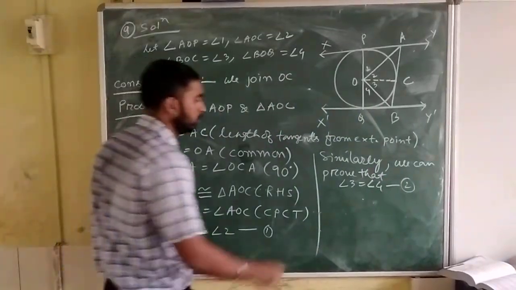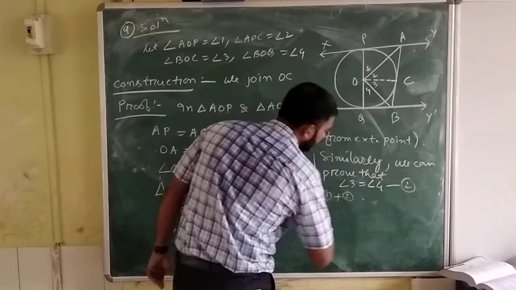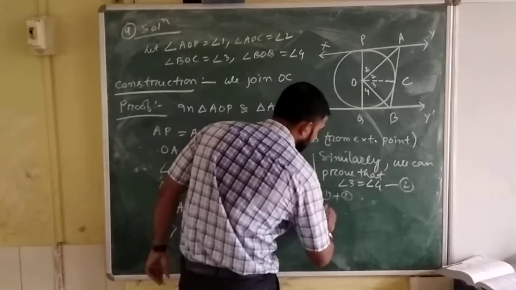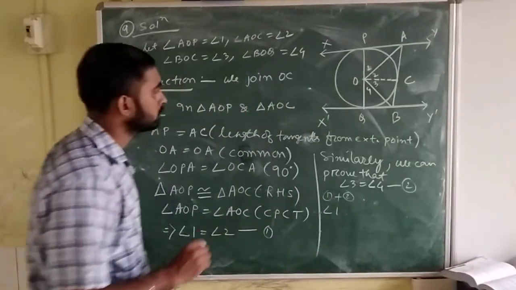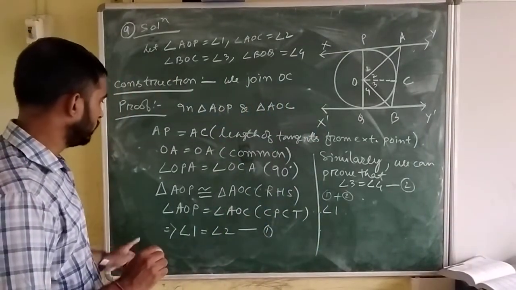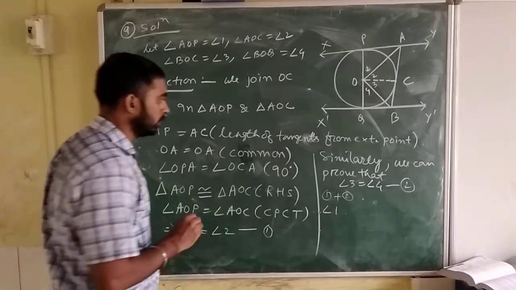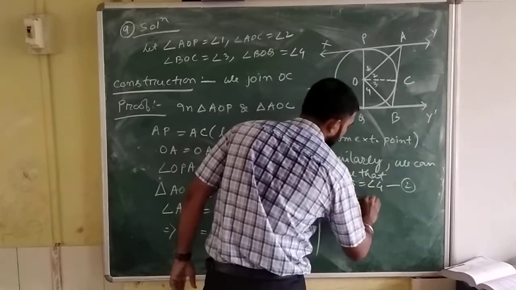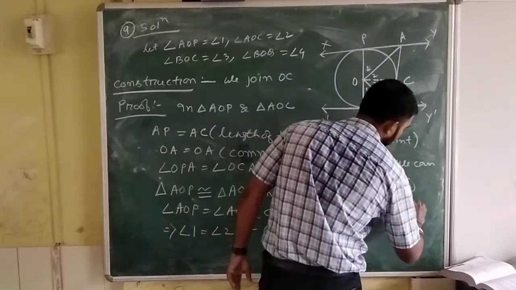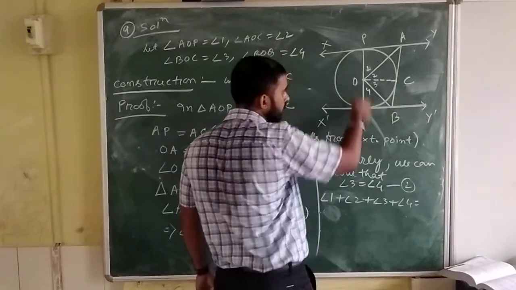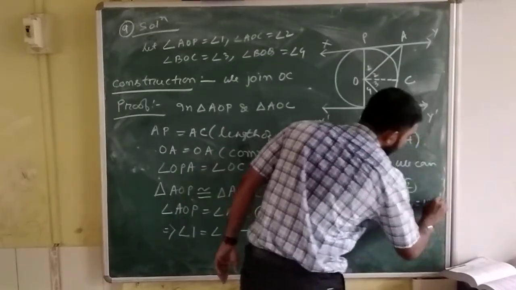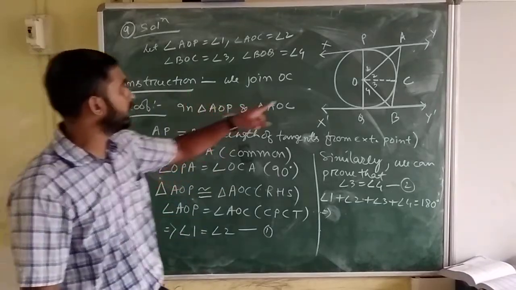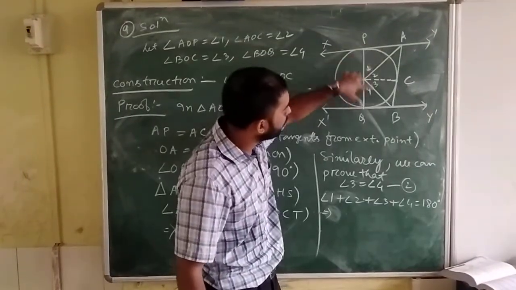Now add them. Angle 1 equals angle 2 and angle 3 equals angle 4. Angle 1 plus angle 2 plus angle 3 plus angle 4 equals how much? They lie on a straight line, so 180 degrees. Now we are going to prove that angle AOB equals 90.